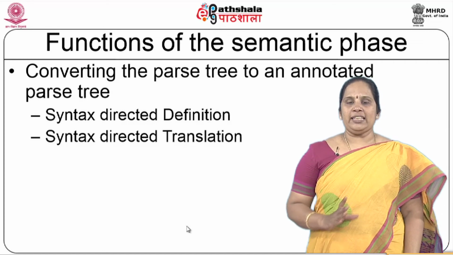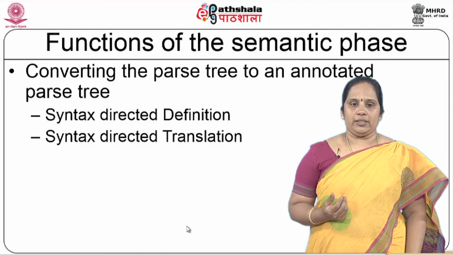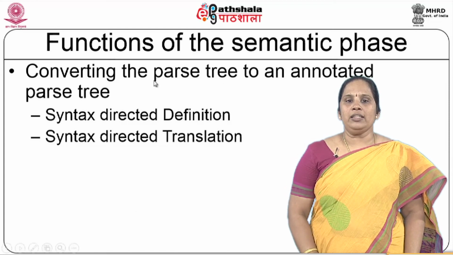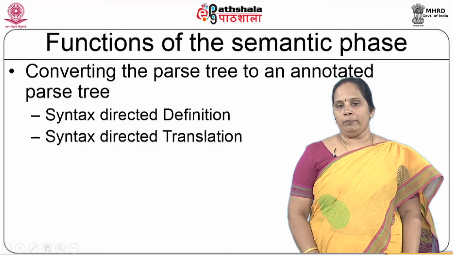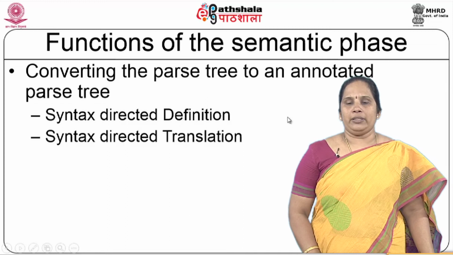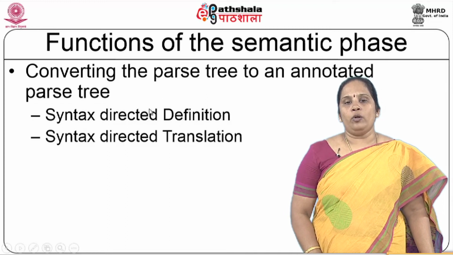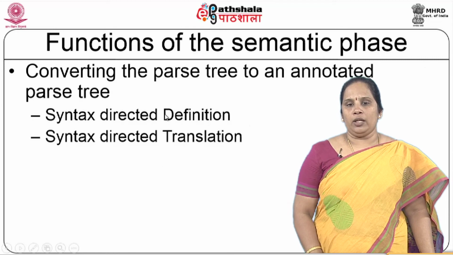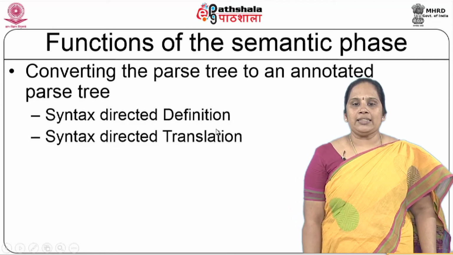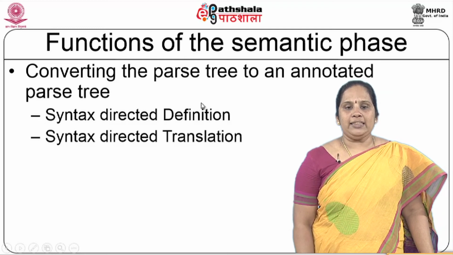Now, with this as the input, the semantic phase does 3 things. One is it converts the parse tree to an annotated parse tree, and it is also going to convert this to a binary tree representation. In the process of doing that, it is going to do these 2 things: one is a syntax directed definition, and the other one is the syntax directed translation, SDD and SDT for short.